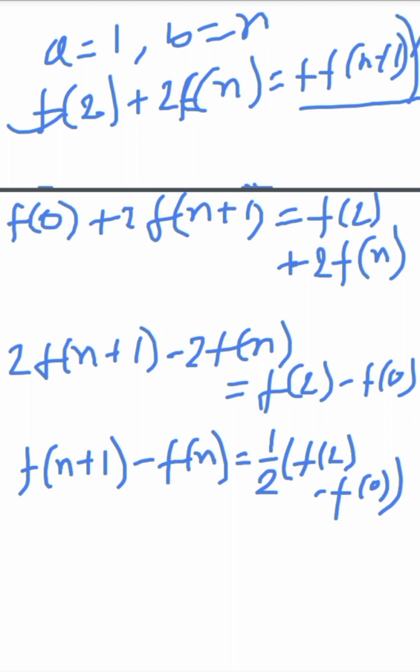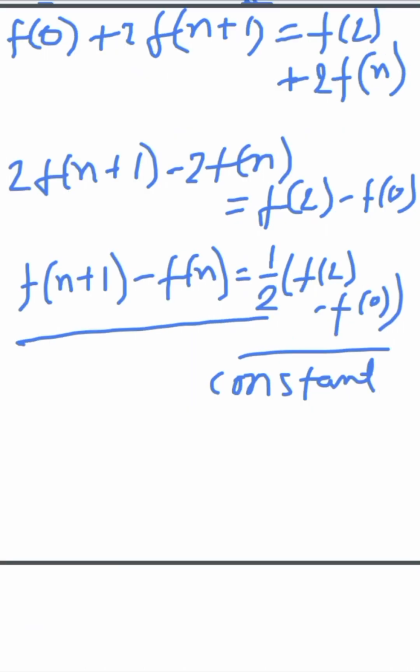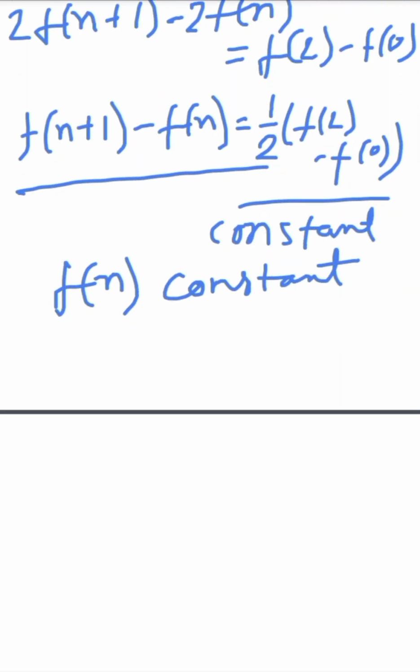And notice, this term is a constant and it is possible only for a linear function. I am going to prove it after a while. So basically this f(n + 1) minus f(n) must be a constant. Because we have to prove that f(n) actually is a linear function, because the difference of any 2 points on a linear function is a constant, as the result can depend only on m. Now if you have doubt, if you are not clear with it, let me clarify.